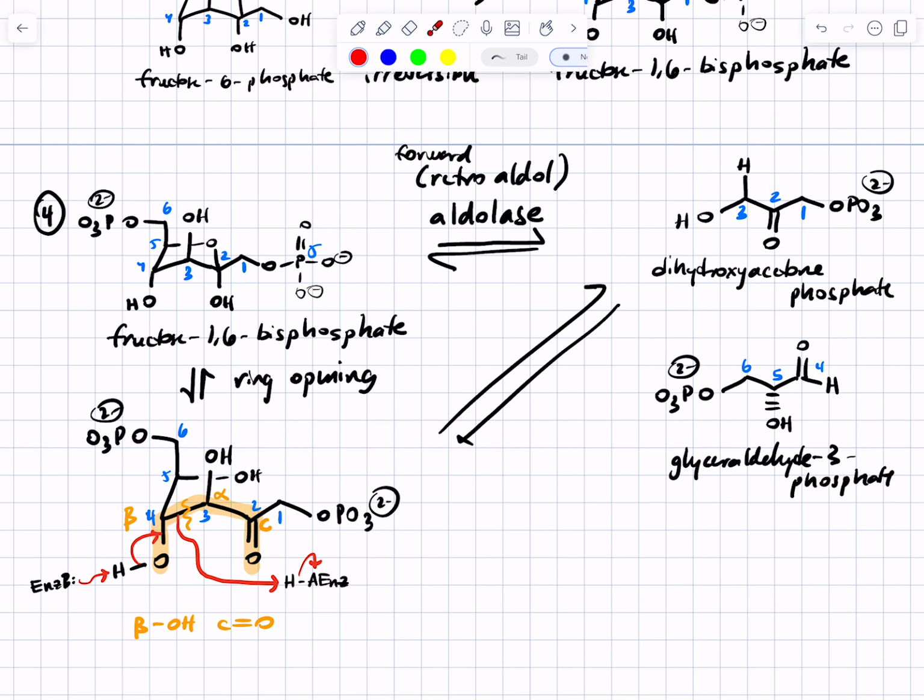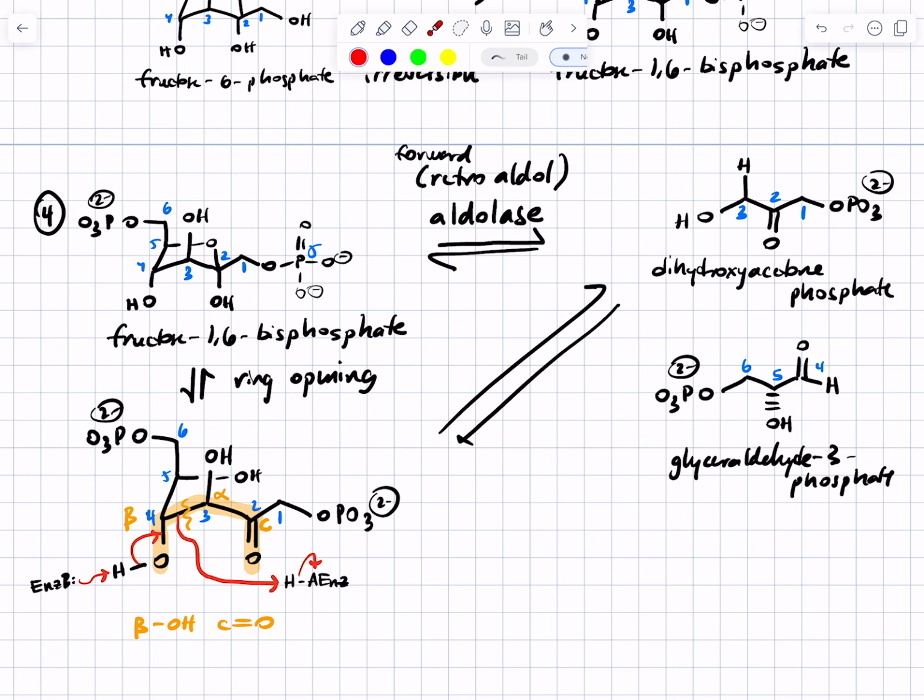Aldolase is doing all of it. Or I actually don't know that. I don't know whether fructose 1,6-bisphosphate binds in its ring open form and then opens, or whether it has to open before it binds the enzyme. That's an interesting question that I don't know the answer to. The ring opens, and then the retroaldol reaction happens. Yep. Okay, others?